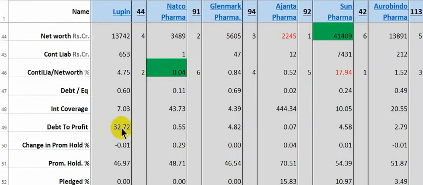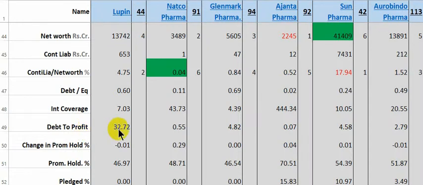So the debt has ballooned to 32 times the profit. This ratio makes us understand that the company will need 32 years of earning the profit it earned in the latest year to cover its borrowings. It will be able to pay off its borrowings in 32 years with this kind of profit.